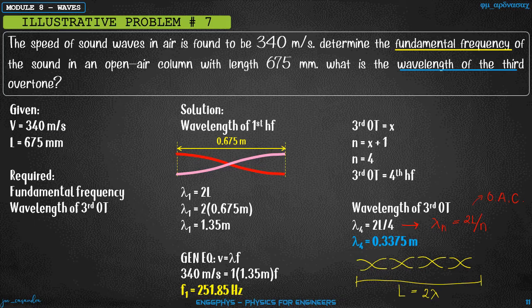Or the wavelength now is equal to L divided by 2. Right, 2 divided by 4 is also equal to 1/2. So you'll also get this. So, 675 divided by 2 is also 0.3375 meters. Okay? So, you have two options to solve for this. Either use the equation, or you draw your wave pattern. Okay? So, let's move to the next one.